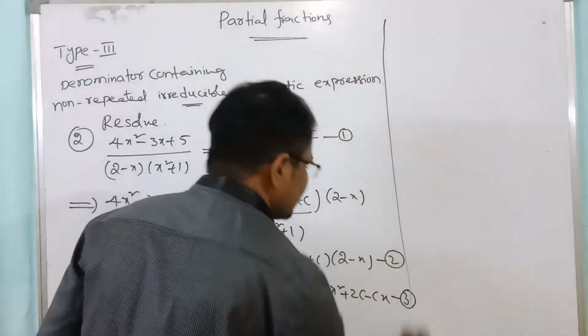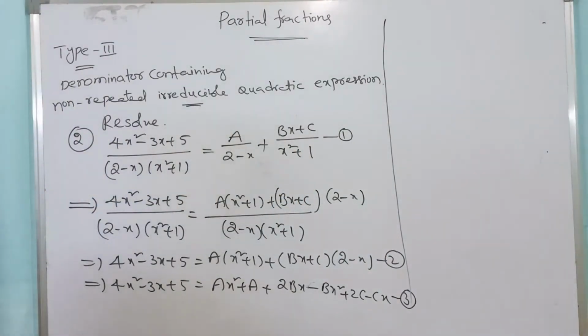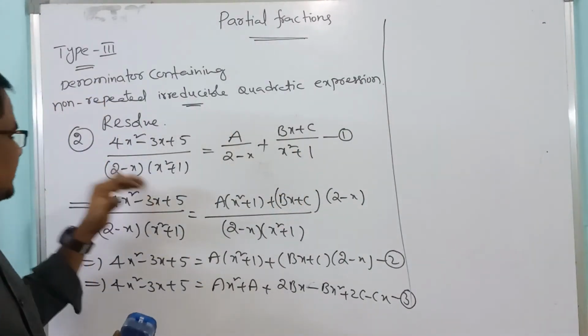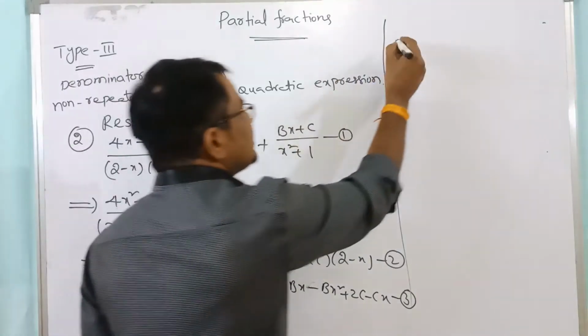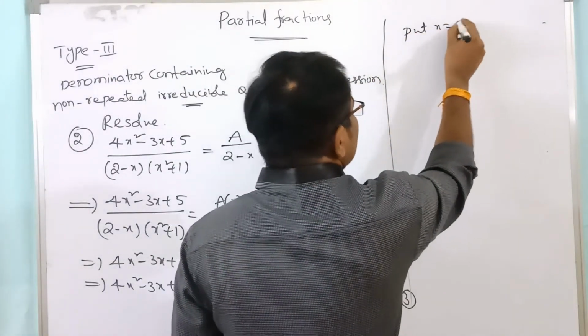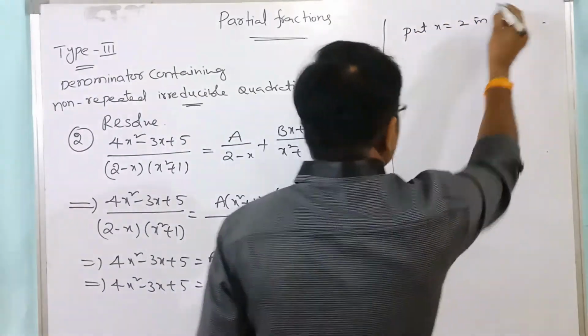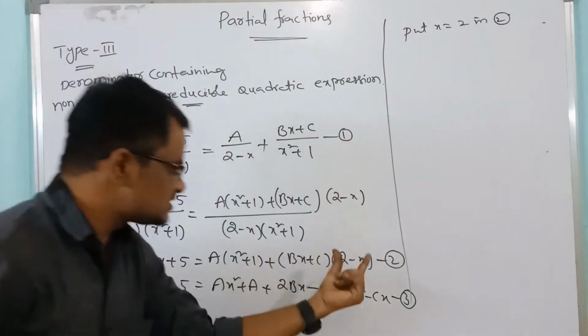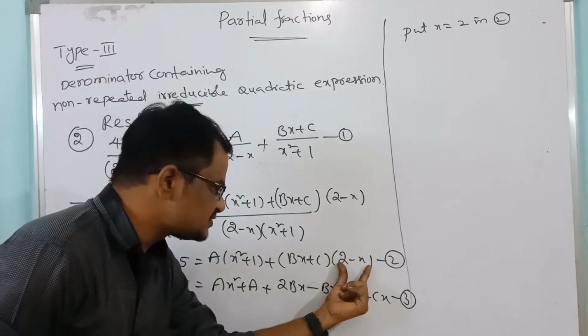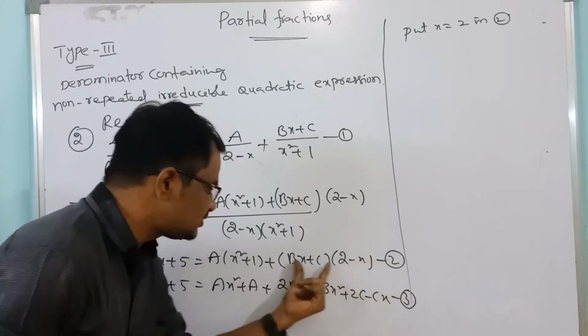Now after that what we have to do? Only one linear factor is there, which means one substitution. Put x equal to 2 in equation number 2. In equation number 2, if you substitute x equal to 2, this term becomes 0 because here it is 2 minus 2 into something.